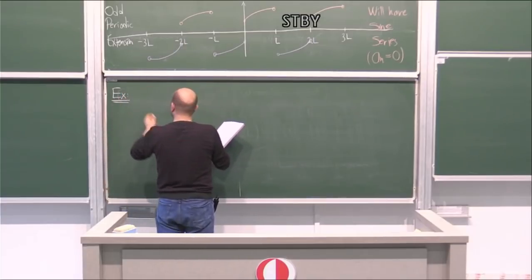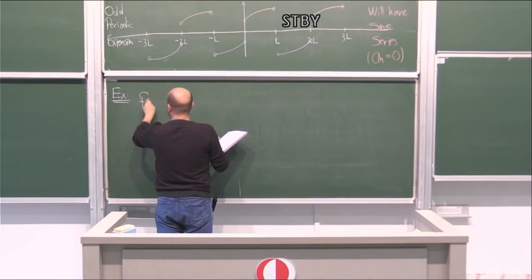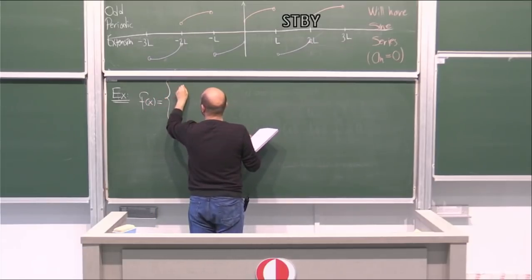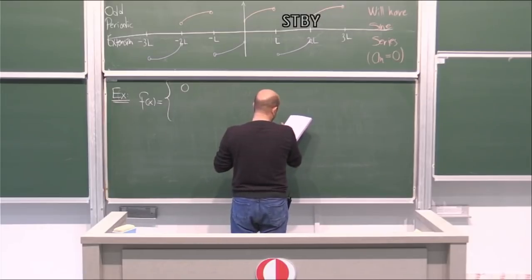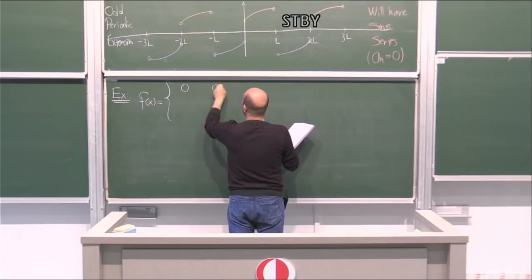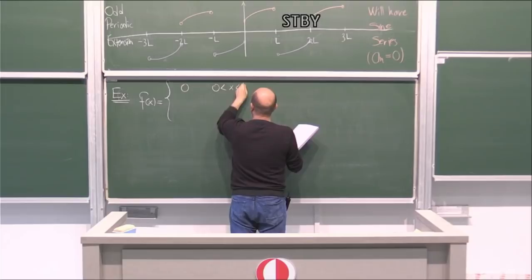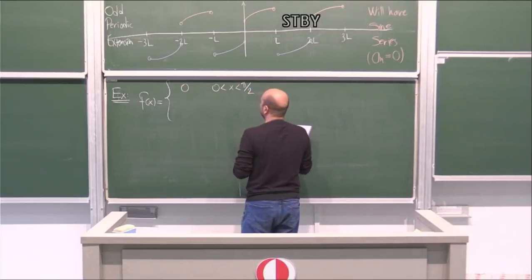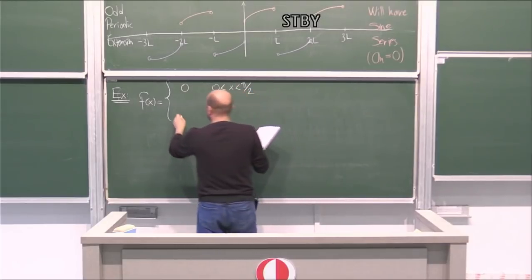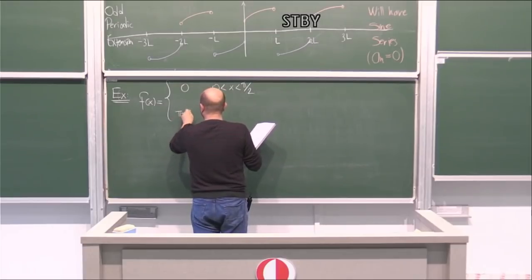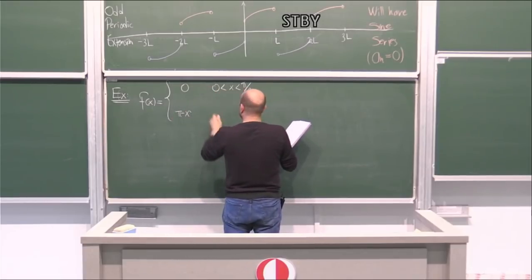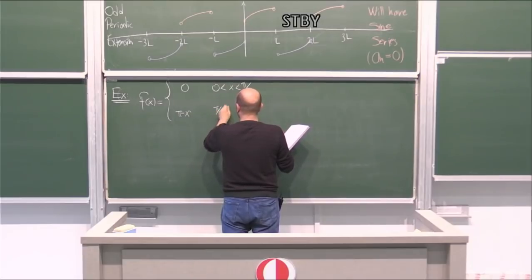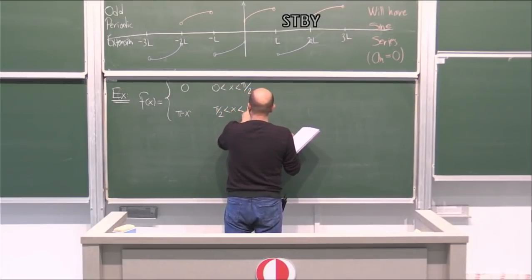We are given the following function, f of x, which is 0 between 0 and pi over 2. It is pi minus x between pi over 2 and pi.